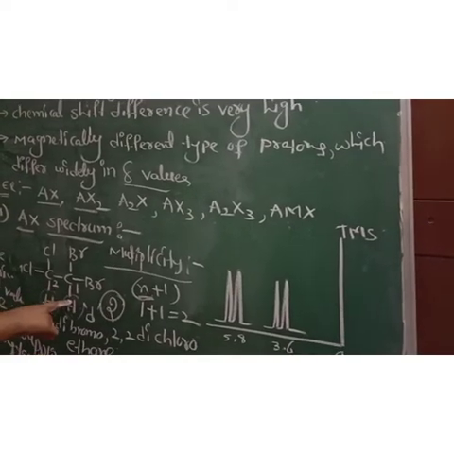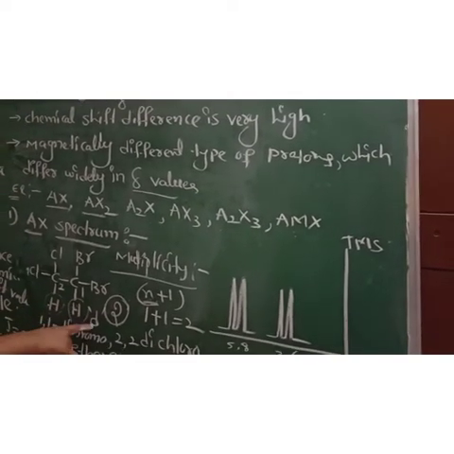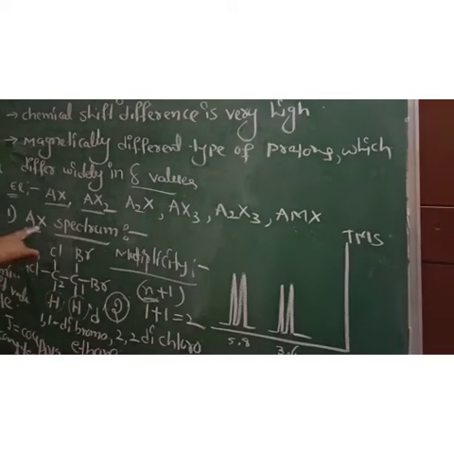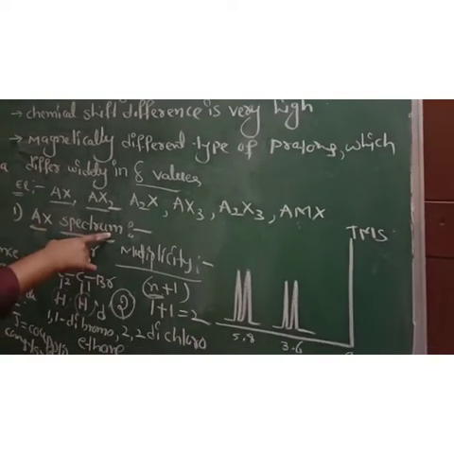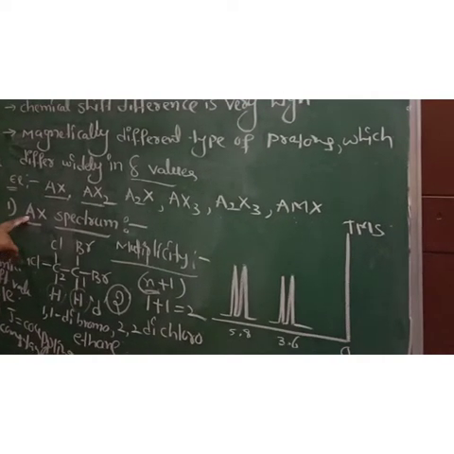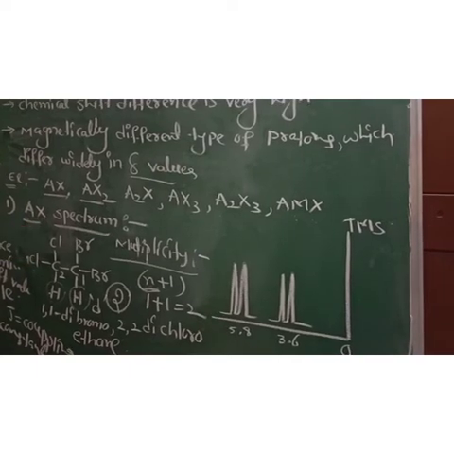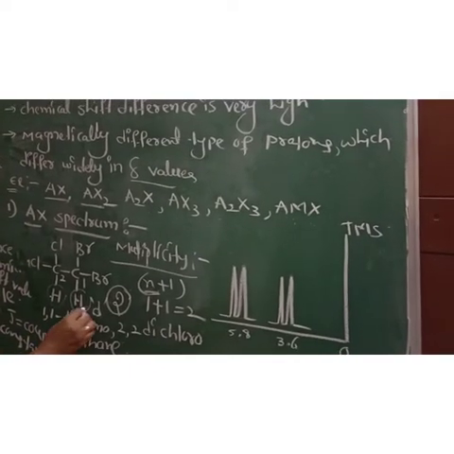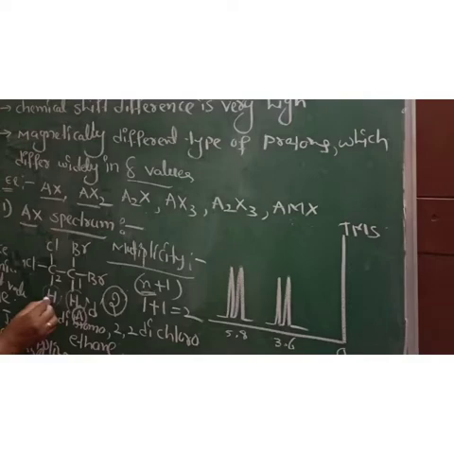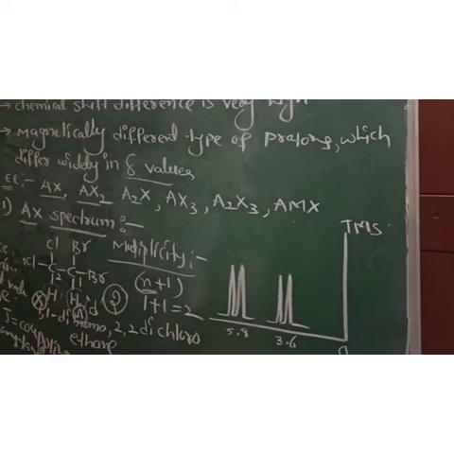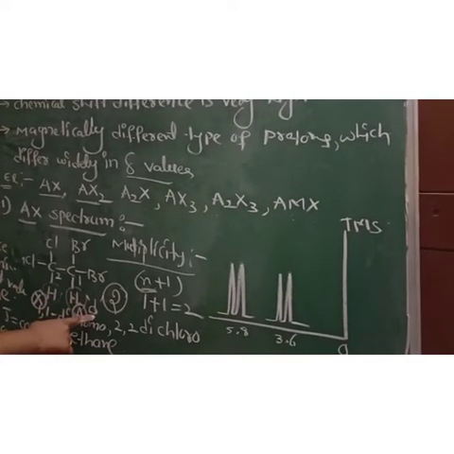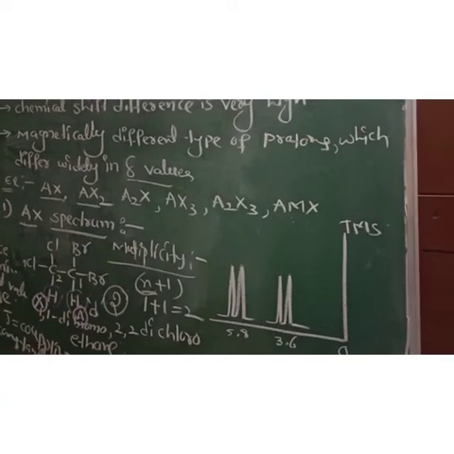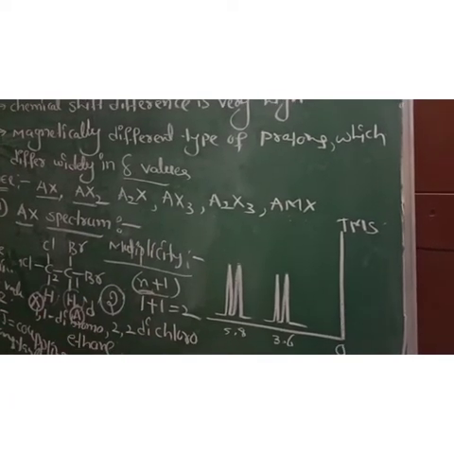So this type of proton gives a doublet. Here it is an AX type of spectrum, right? A is one type of proton and X is the other type of proton. If I assume this is the A type and here it is the X type, then the A type of proton gives a doublet in the spectrum according to the n plus 1 rule.